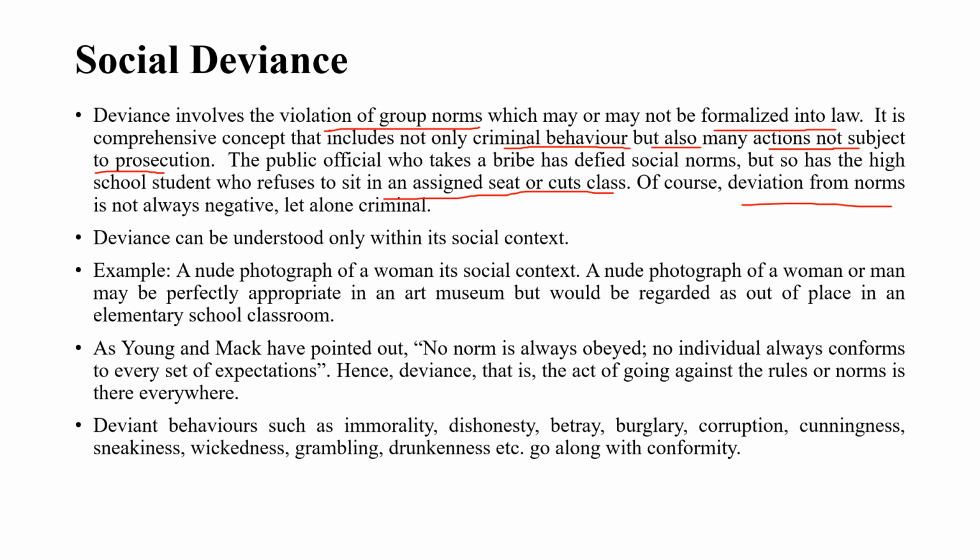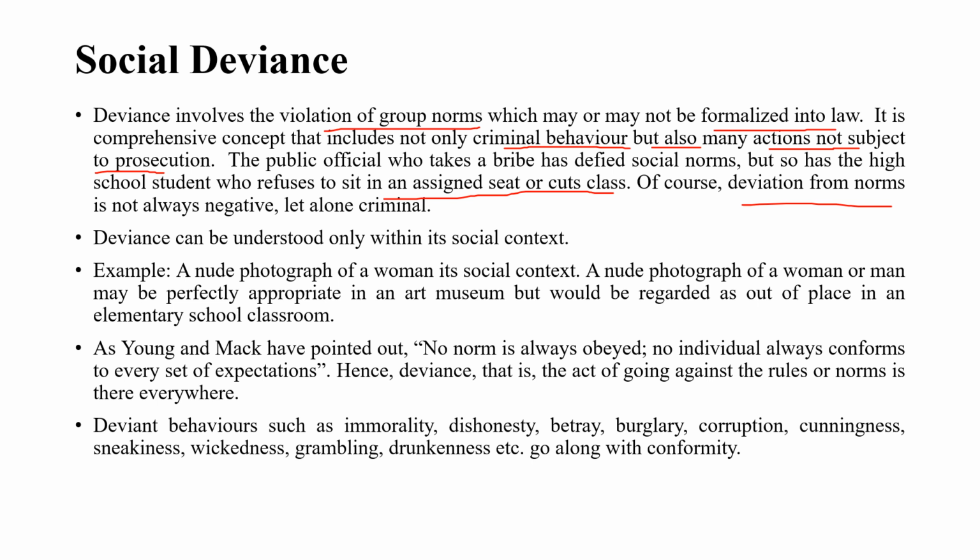They are backward in nature, and there might be people who, with their rational mindset, do not adhere to those normative systems. So deviance is not always negative, because it's good to be progressive, it's good to move ahead.